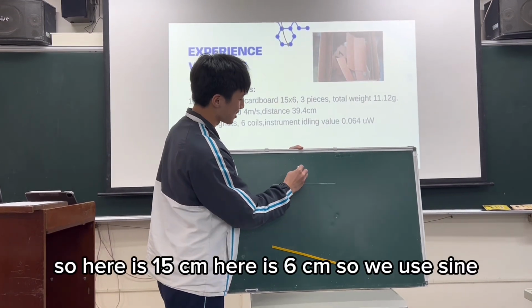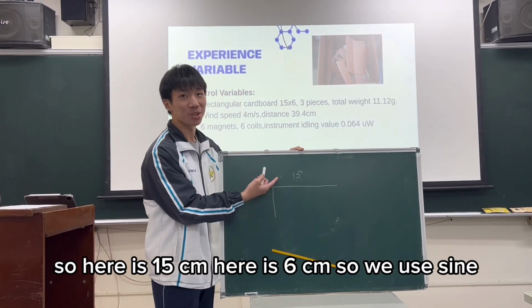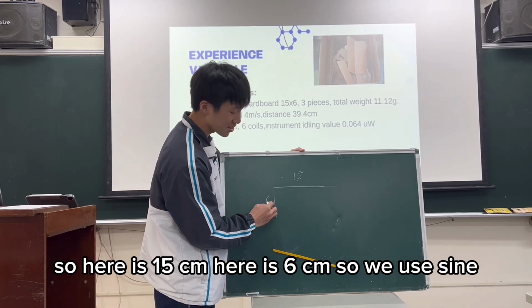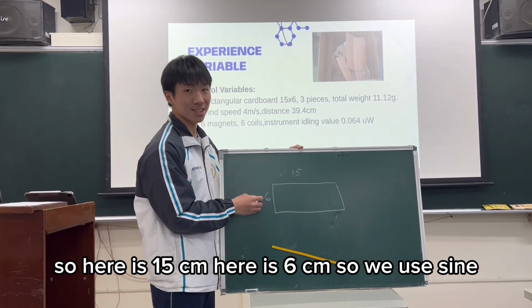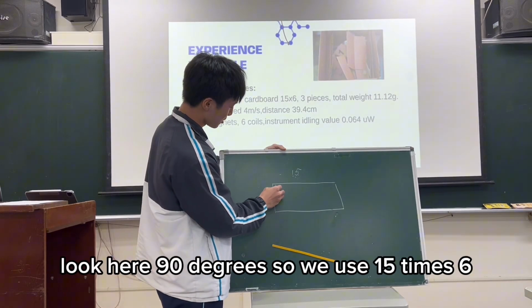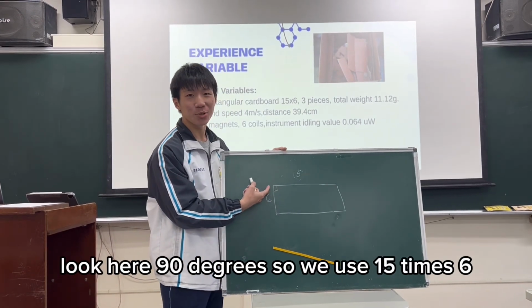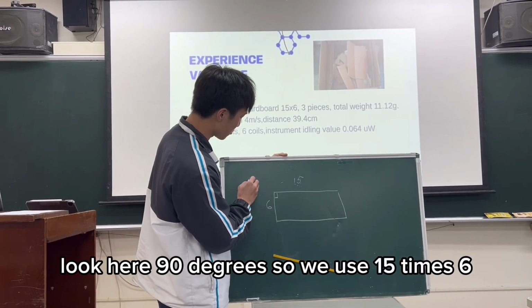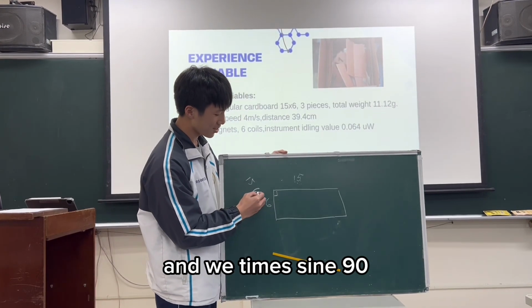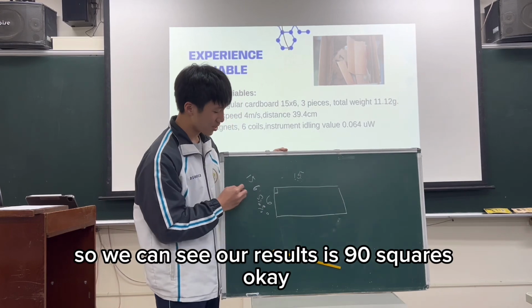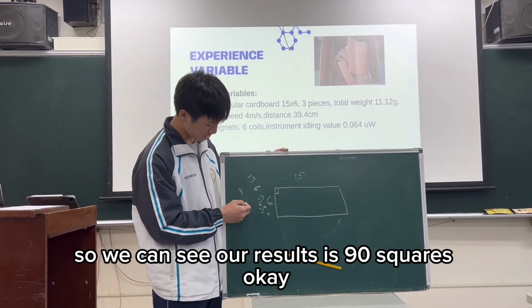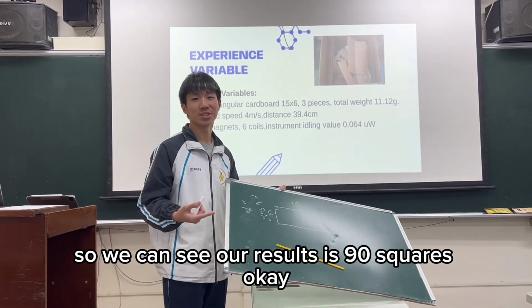Here is 15 centimeters, here is 6 centimeters. So we use sine. Look here, 90 degrees. So we use 15 times 6 times sine 90, and we can see our result is 90 square centimeters.